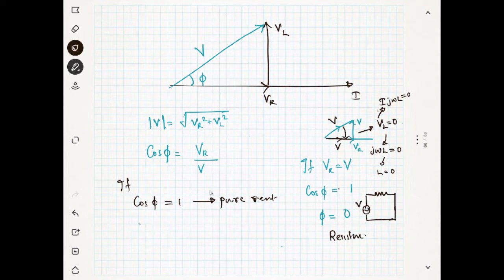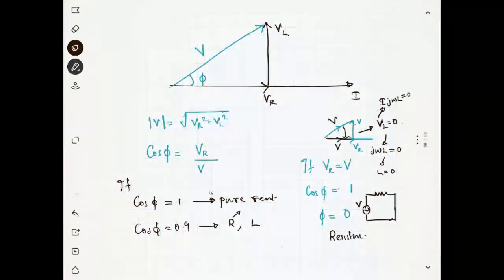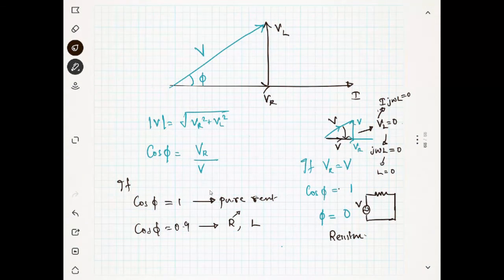Let's say cosine phi is equal to 0.9. It has both resistive and inductive parts, right? But which is more? R or L? The R is more here.